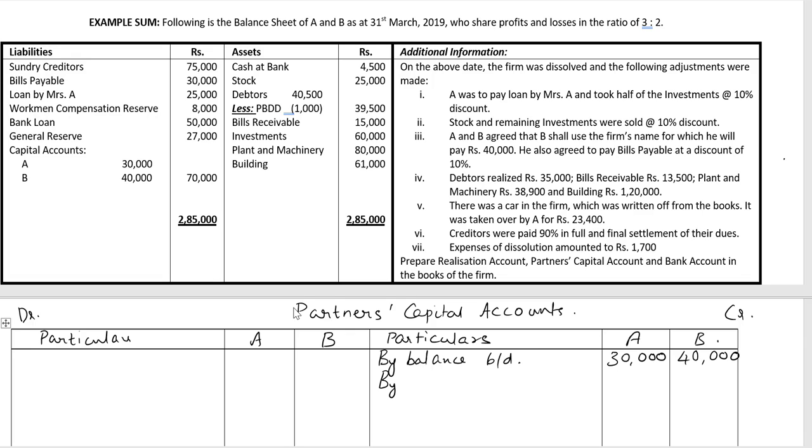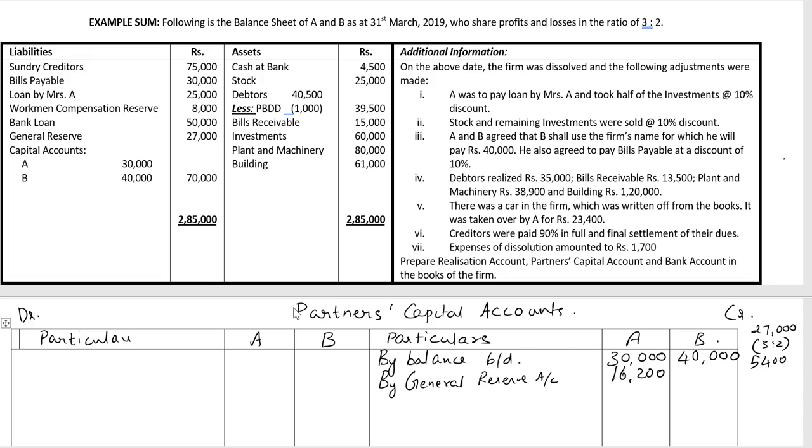Next, we'll distribute the general reserve by general reserve account. Amount of reserve is 27,000 rupees to be divided in profit sharing ratio 3:2. On dividing by 5, we get 5,400. So in the case of A, it's 5,400 multiplied by 3, which is 16,200.